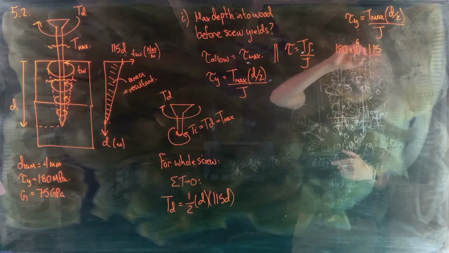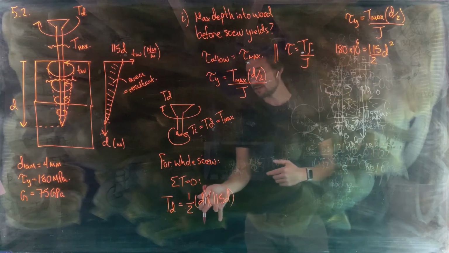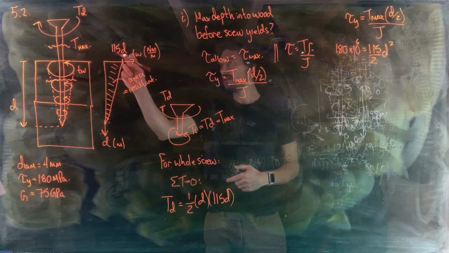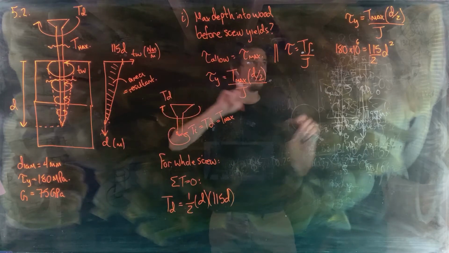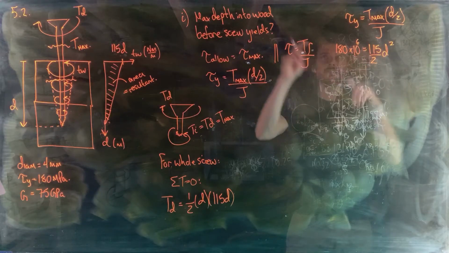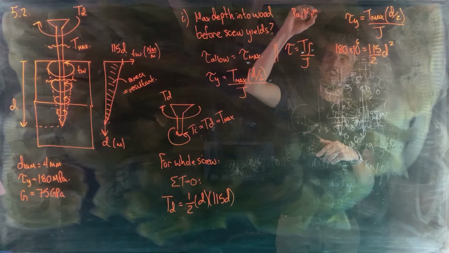And that's in units of what? 115d is in units of Newton meters per meter, and we're multiplying by meters. So we've got Newton meters as a unit there. That's good. We've got pascals there. Remember, in SI, we want pascals, newtons, and meters.